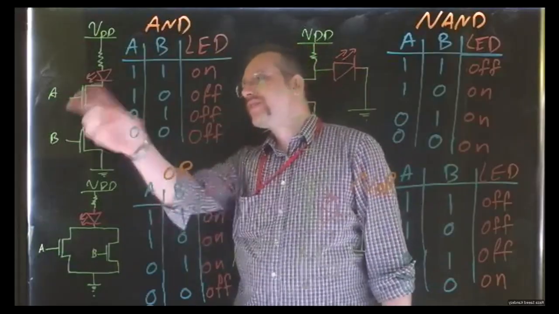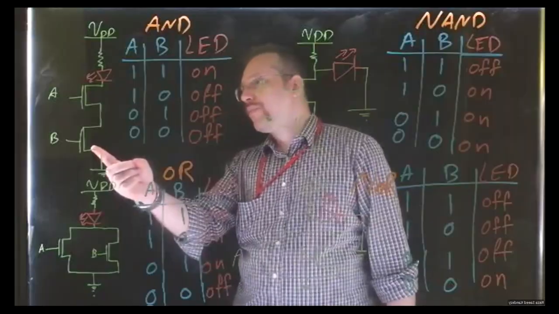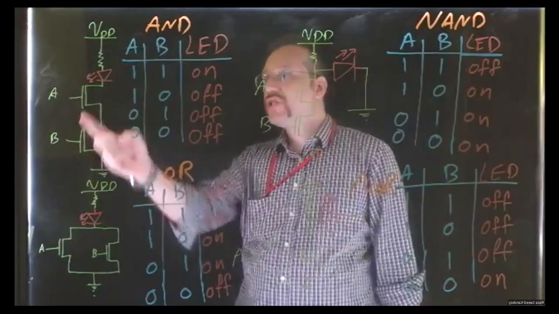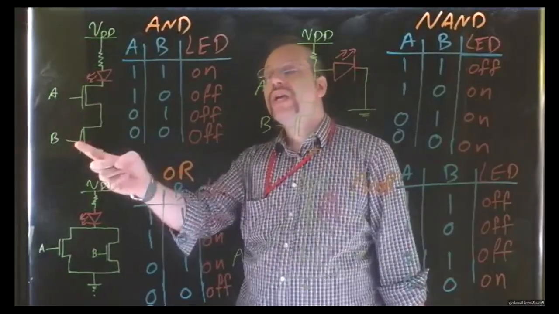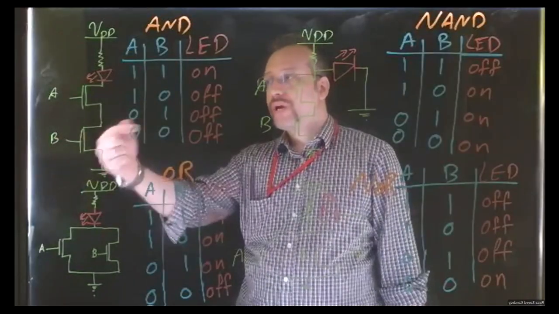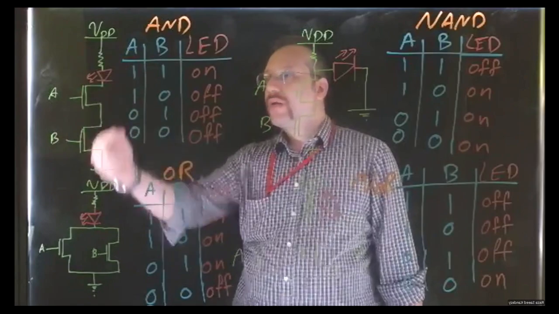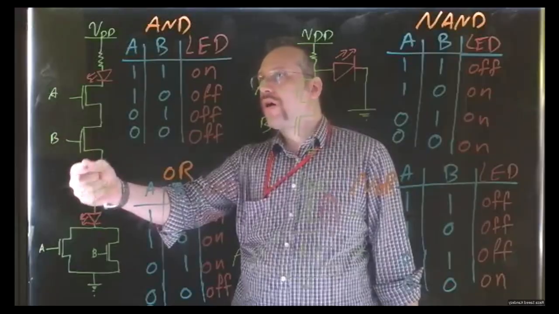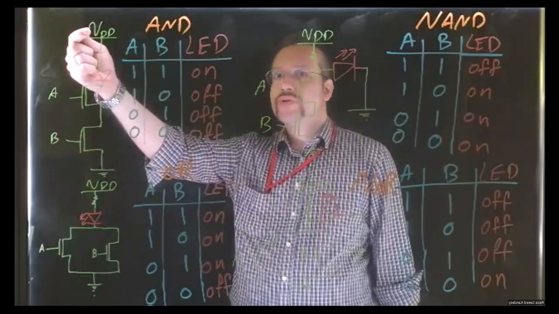Now, as you can see, we put the two NMOS in series and we use the gates of each NMOS as the inputs for our logic. Okay, both sides of this series of NMOSs are connected between the ground and the voltage source.